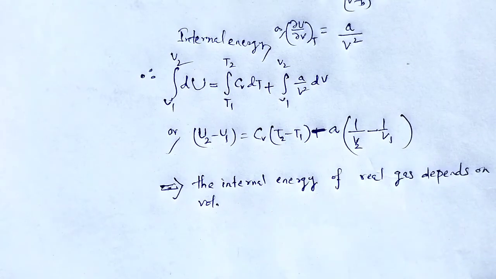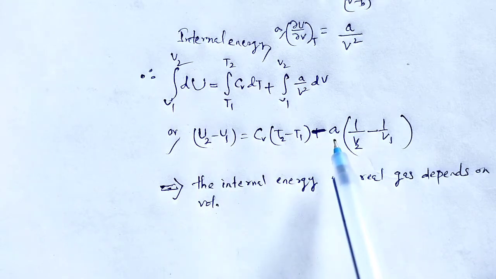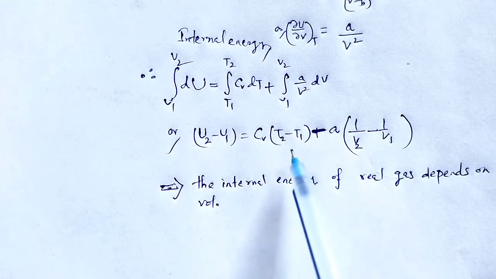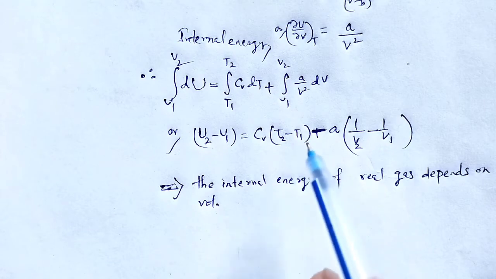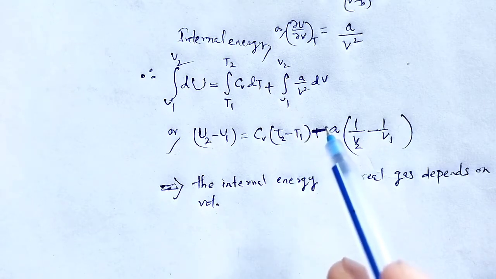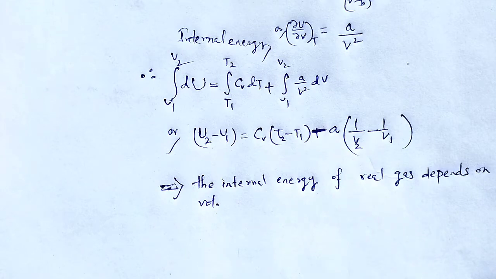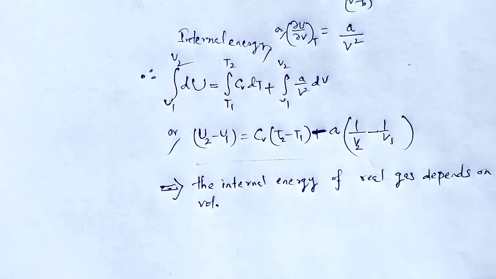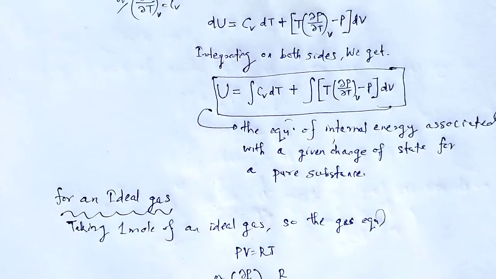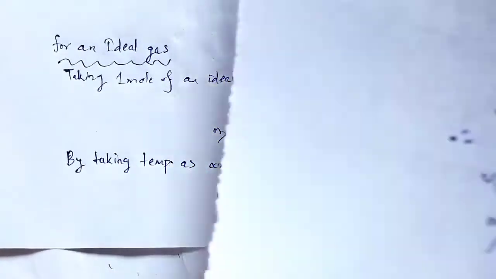That indicates that with the increase of volume, the internal energy also increases even though the temperature remains constant. This happens because the potential energy of interaction decreases as the intermolecular separation increases. This is how internal energy is related in real gases and ideal gases.